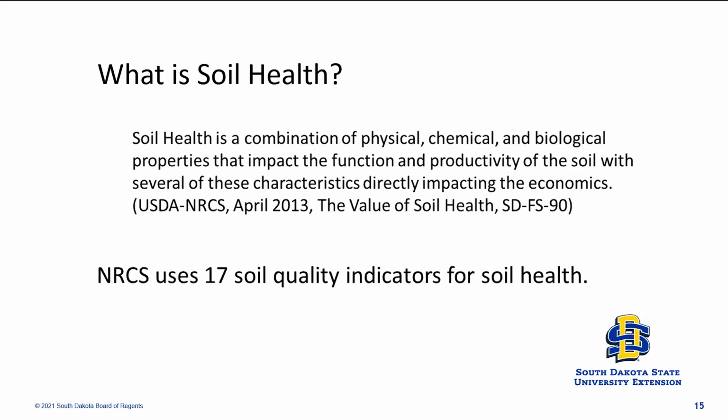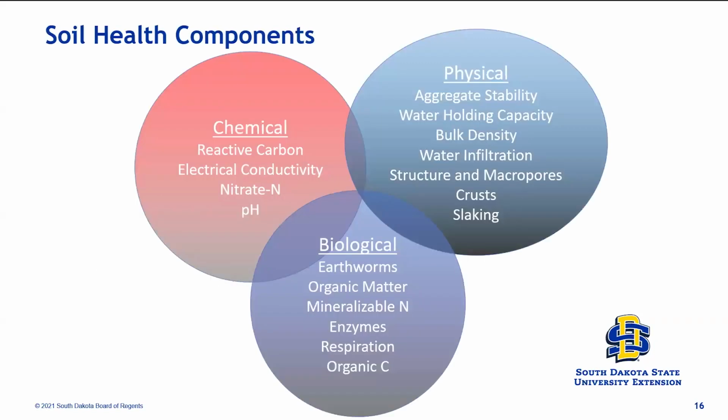So NRCS uses 17 indicators of soil health, and we used to call it soil quality, but we'll call it soil health. Here they are divided into those chemical, physical, and biological components. I'm not going to talk about every one of those. I could, but for the essence of time, it's just hard to do.